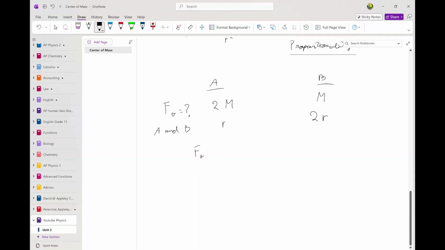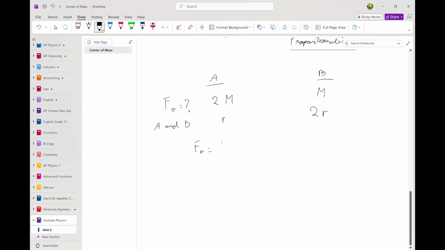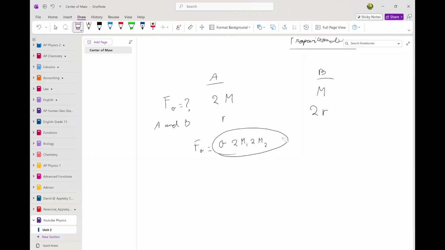So Fg equals G times 2m1, 2m2. Basically, all these are constants, and then you have the r. So we have constant, constant. Technically, these two masses will become one, so you have G2m, because that's what's been referred to here.